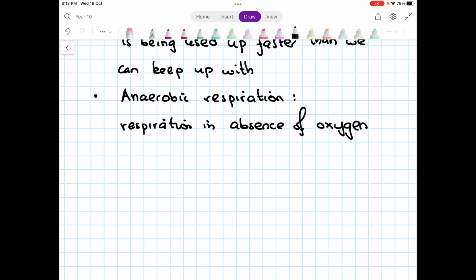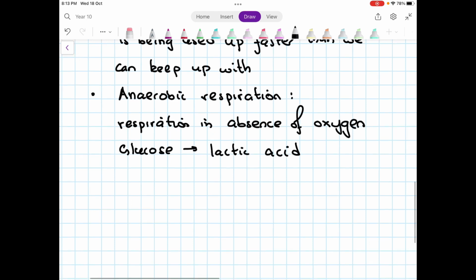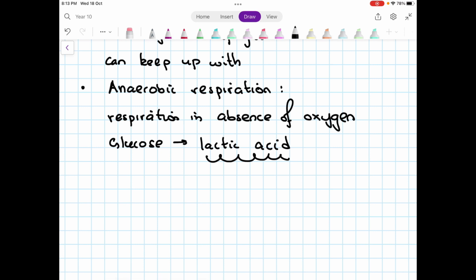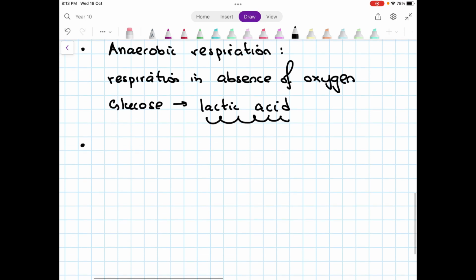In animal cells, the formula for anaerobic respiration is as follows. Glucose breaks down into lactic acid. Now, lactic acid is a toxic product, and eventually it builds up in our muscles.